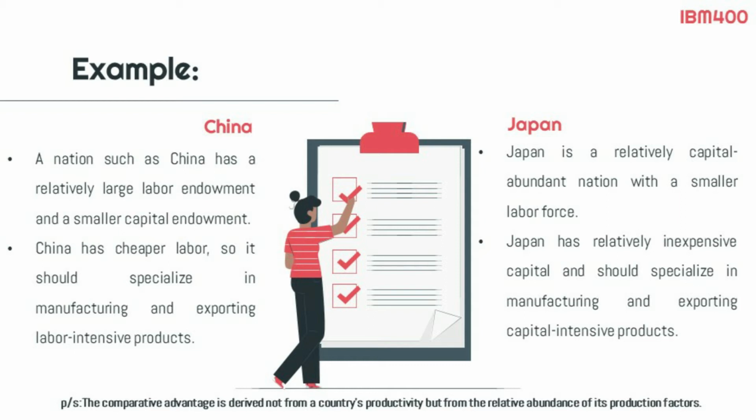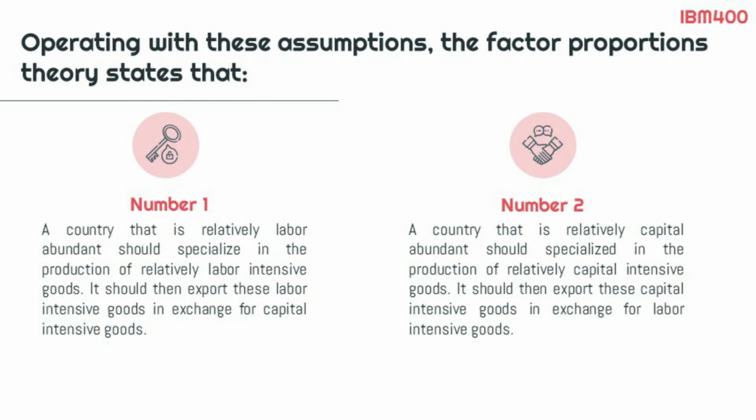For your information, the comparative advantage is derived not from a country's productivity but from the relative abundance of its production factor. Operating with this assumption, the factor proportion theory states that number one, a country that is relatively labor abundant should specialize in the production of relatively labor intensive goods.